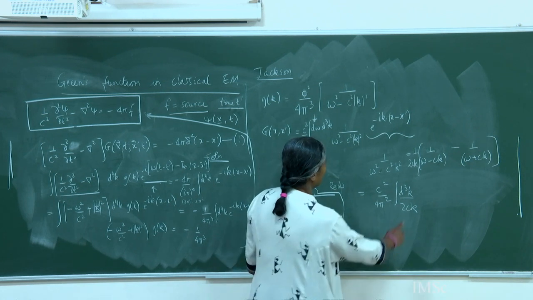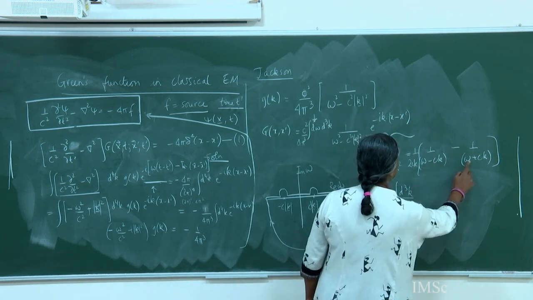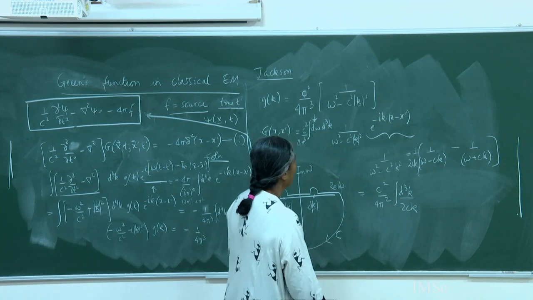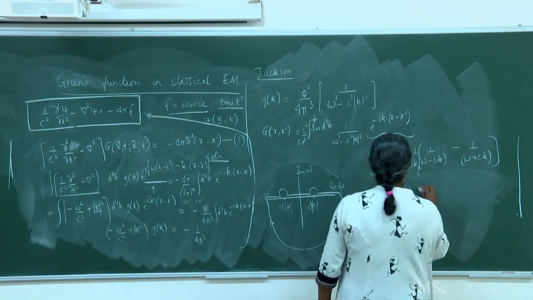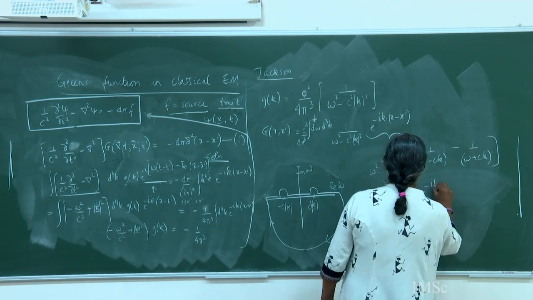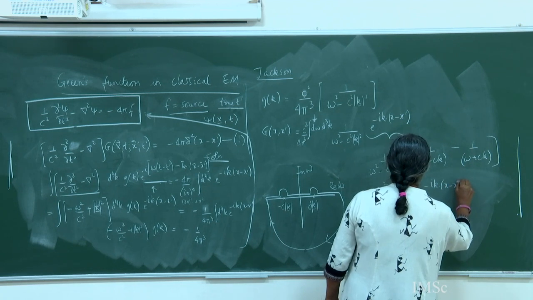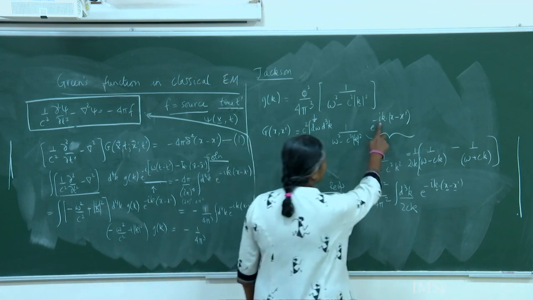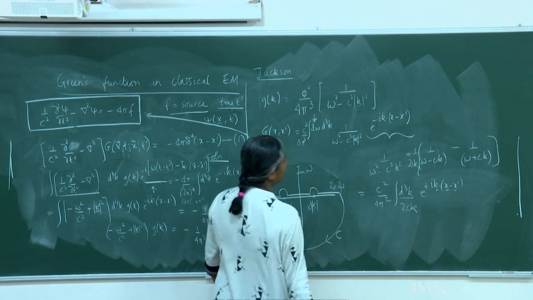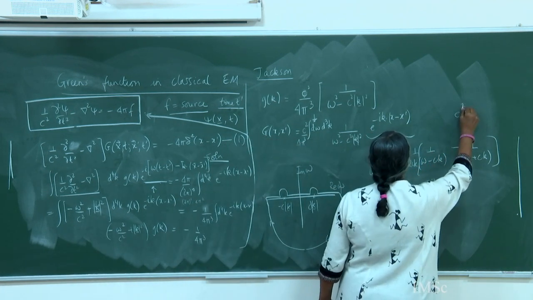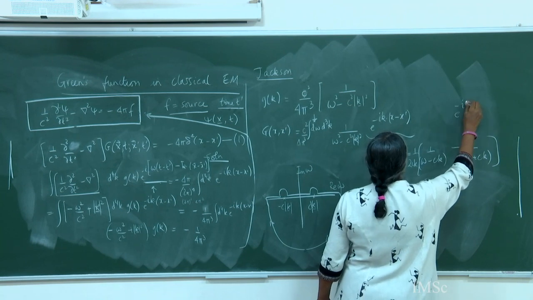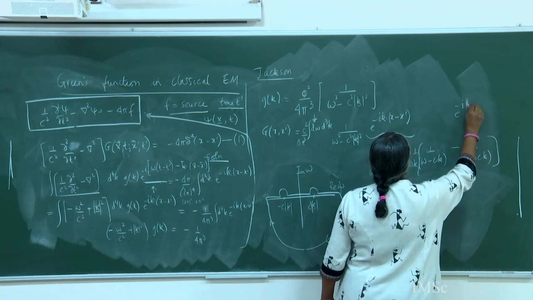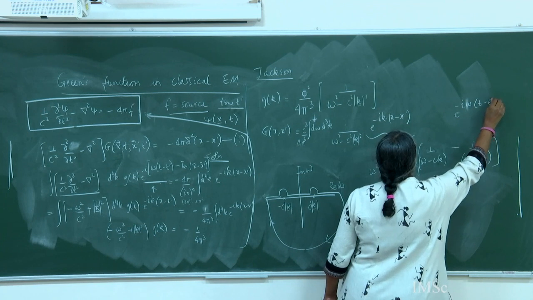I have two poles, one which is omega minus ck and the other which is omega plus ck, and let me write this term outside, e to the minus i k dot (x minus x prime) for the 3-vector. Of this part I have taken out the space part, and I only have an e to the i omega (t minus t prime).